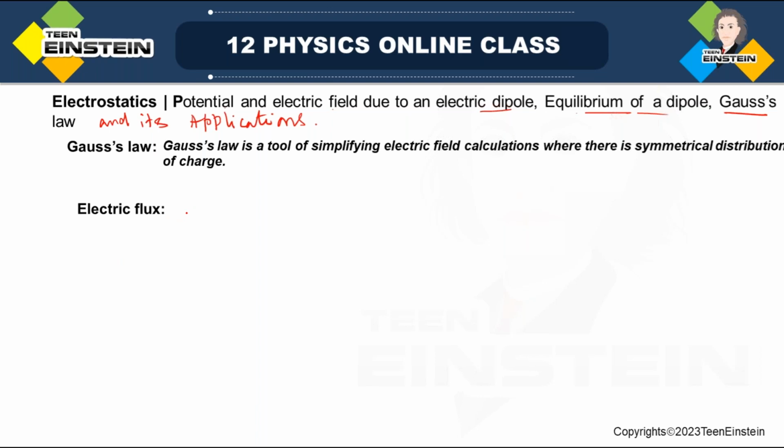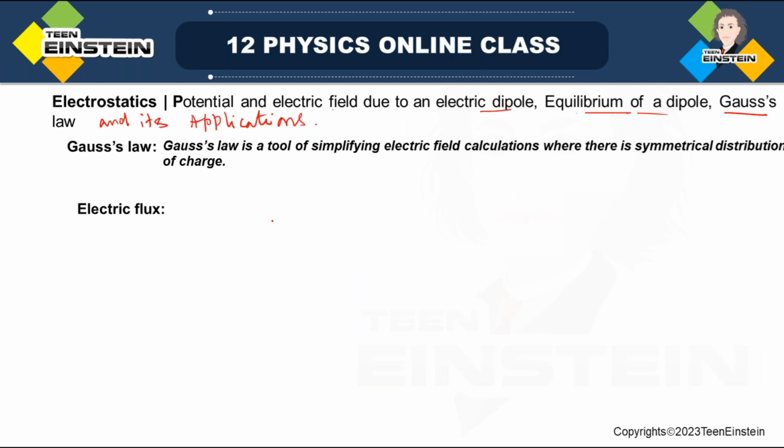We have seen that electric field is generally represented visually by electric field lines. The length of these gives the magnitude or strength of the electric field, and direction gives the direction of the electric field. So these are called electric field lines.